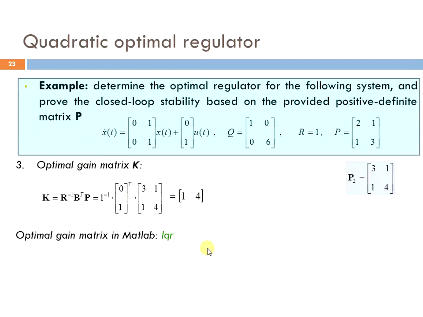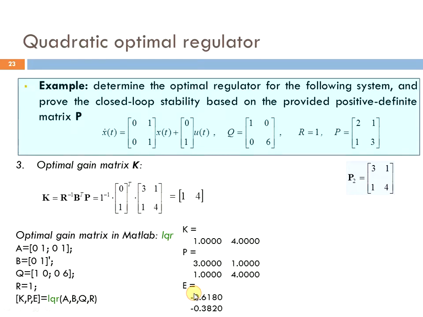For this, we have to define the state matrix A, the control vector B, and the weighting matrices Q and R. And the syntax for implementing this function is that it takes the input arguments in this order: A, B, Q, and R, and the outputs are the optimal gain matrix K, the positive definite symmetrical matrix P, and the closed loop eigenvalues of this system, which we get once we have implemented the state feedback gain matrix.